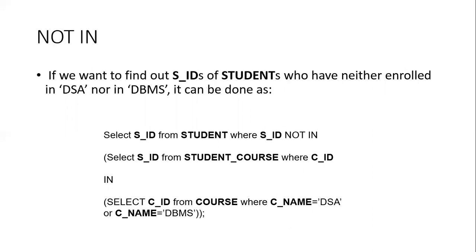Then I have selected the student IDs corresponding to the course IDs C1 and C3 using in keyword. And then I have selected the student names whose SID is not present in the student IDs of S1, S2, and S4. Okay, so those IDs which are not present in the result of the immediate inner query will be selected, and their name will be the output.